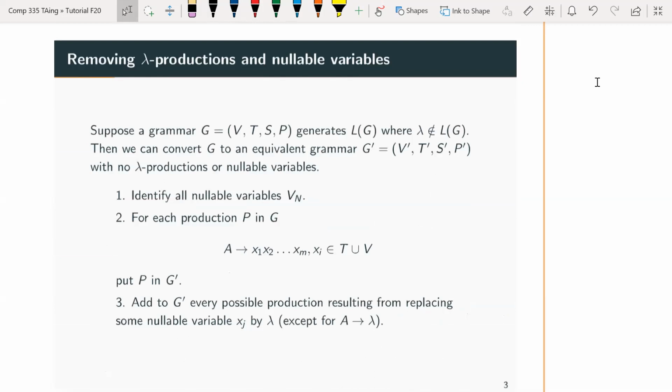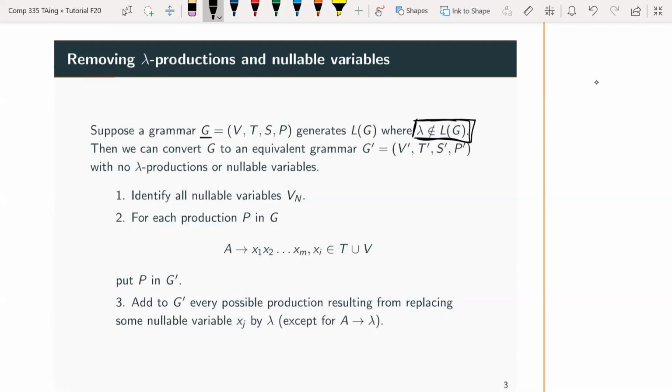So suppose you're given this grammar G, where we're going to assume, just for the sake of simplicity, that the empty string does not belong to the language generated by G. In other words, we're saying that the language that's generated by G is not going to give you lambda, and the reason why we're doing this is because we don't want to remove all the lambda productions and then say, oh, well, we lost the production rule that gave us lambda. So we're just going to use this assumption to make our life a bit easier, okay?